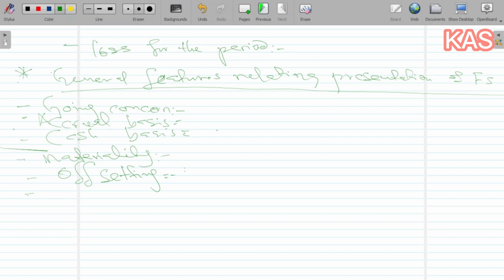Then the next one is frequency of reporting. Financial statements have to be presented at least annually. This is the normal reporting period, which is 12 months.